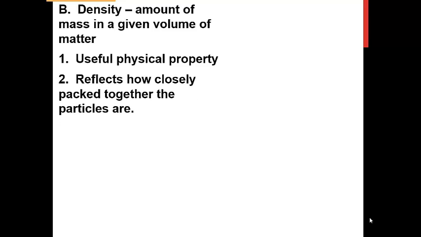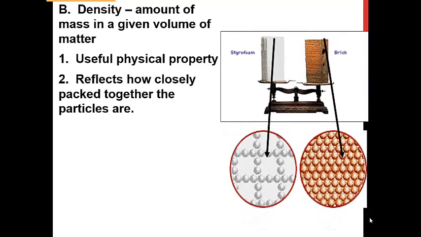It also tells us how closely packed the particles are. So if you take a look at this example, the volumes of these two objects are the same. Styrofoam and the brick have the same volume, length, width, and height. But if you look at what they're made up of, in the styrofoam the particles are really far apart, so there's a lot of empty space where you'd have a lot of air, which weighs less, has less mass.